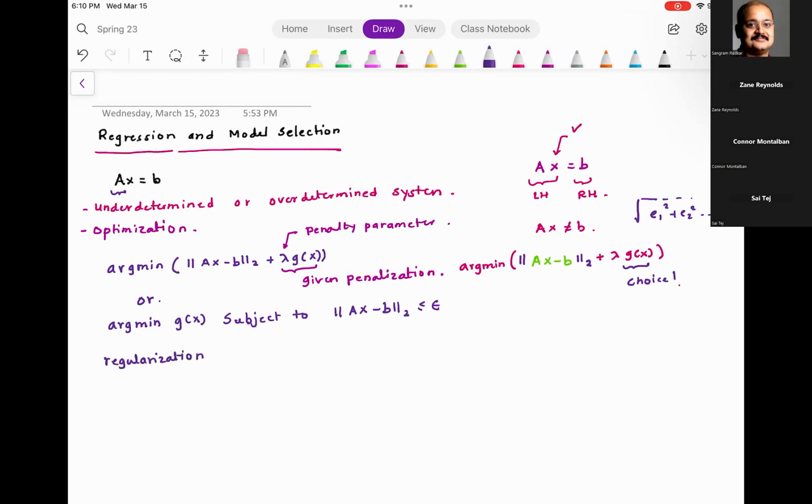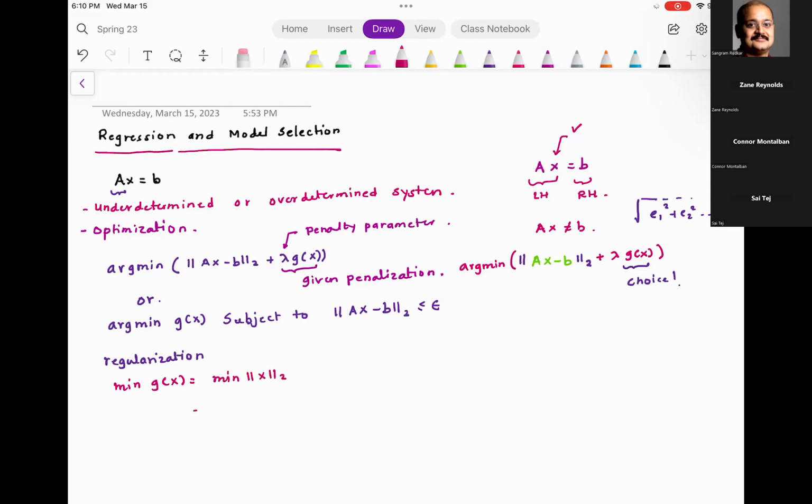And you will notice this word regularization quite often used in optimal control problems. So for an example, you can assume this g of x. Something like minimum of g of x is nothing but minimum norm of x2.